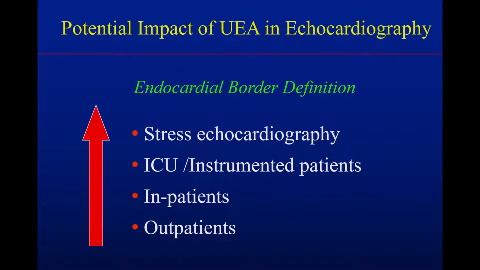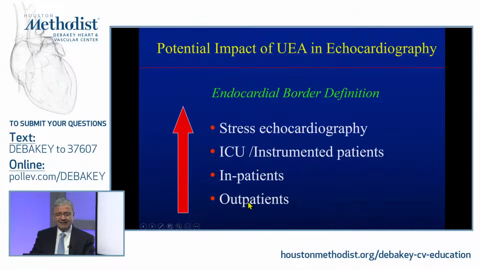Now, some of the utilizations of contrast. This is an old slide, but it has not really changed much. There is much less likelihood of using it in outpatients or ambulatory patients, more in inpatients. They're sicker, harder to image, instrumented, particularly the ones in the ICUs. In stress echocardiography, we know that there's a decrement in image quality during stress, be it pharmacological or exercise.